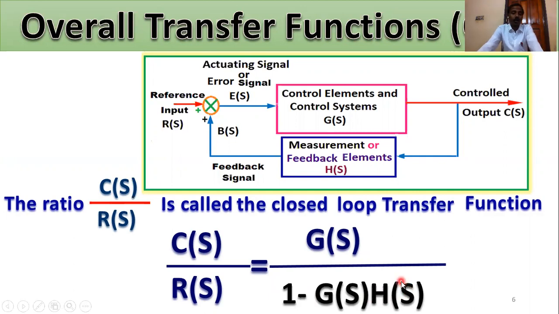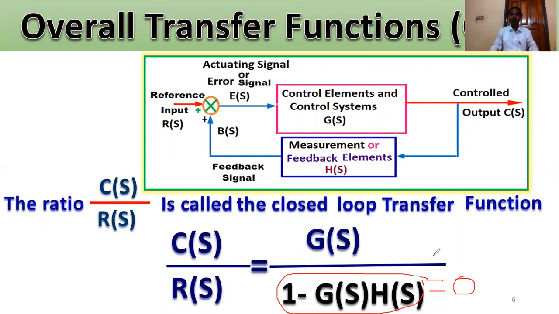But how? Why is it the closed loop transfer function? Prove that C of S by R of S equals G of S by 1 minus G of S into H of S is called the closed loop transfer function, where 1 minus G of S into H of S equals 0 is called the characteristic equation. And this characteristic equation gives the poles' position or locations.